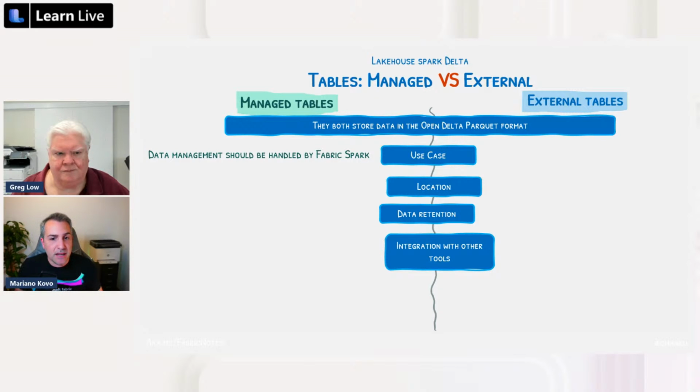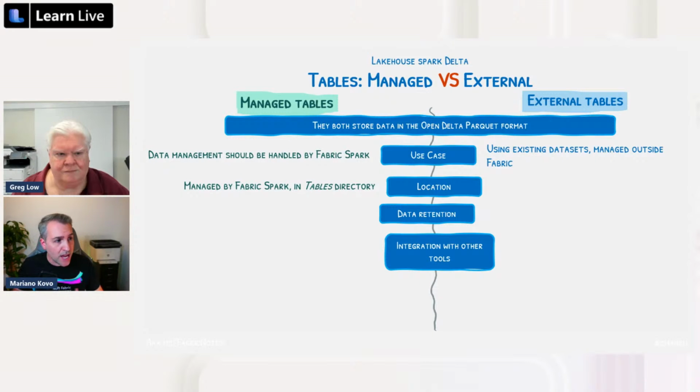Depending on the use case, location, data retention, or integration with other tools, you will choose one or the other. In the case of managed tables, the data management should be handled only by the Fabric Spark engine. In the case of the external table, you will use existing data sets managed outside of Fabric, okay? So that's the basic difference.